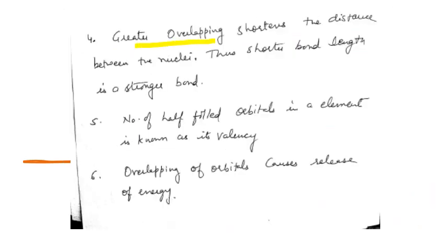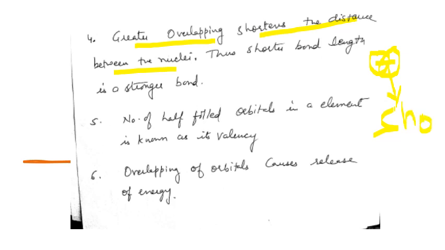Greater overlapping shortens the distance between the nuclei. If the two orbitals go on with greater overlapping, the distance between the two nuclei keeps getting shorter, and so does the bond length.